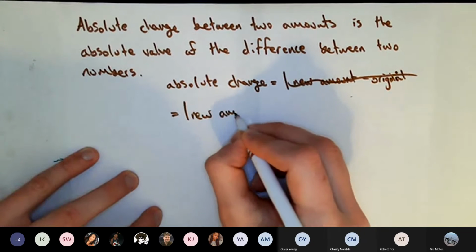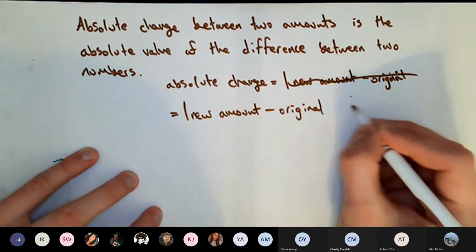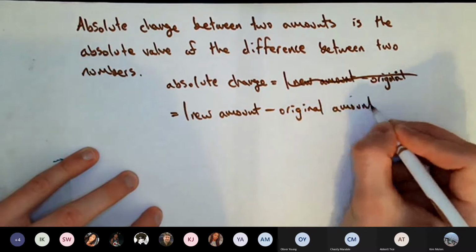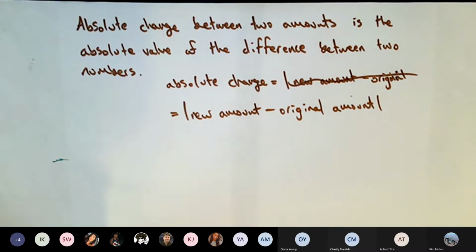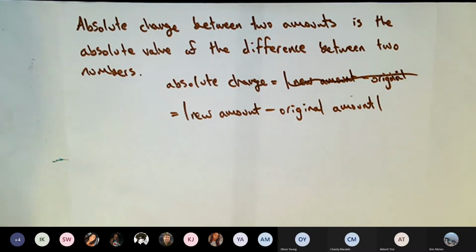New amount minus original amount. In the problem I just did, that would have been 60 minus 50, because 50 was the original amount. And 60 minus 50 is 10, and the absolute value of 10 is just 10. Absolute value makes whatever the input is positive, so if it's already positive, it does nothing.